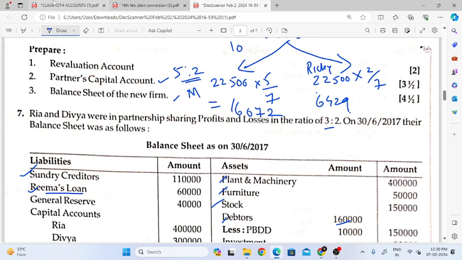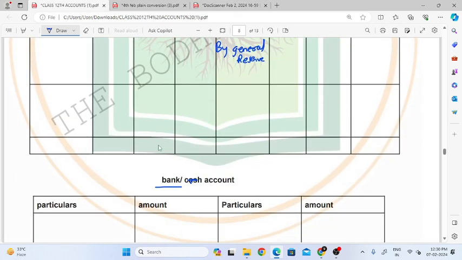So 40,000 multiplied by 3 divided by 5 will give you 24,000. Then 40,000 multiplied by 2 divided by 5 will give you 16,000. So this is your general reserve.